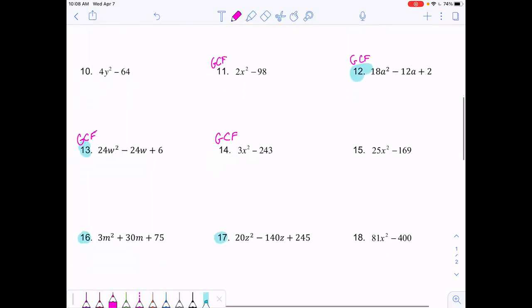And then numbers 16 and 17. So there's 6 of these 18 that have to do the GCF first. So I want to make sure at home, here in the classroom, please make sure that you have these marked. This will very, very much help you.